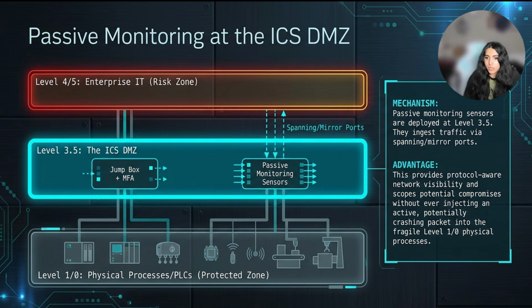It's important that in our industrial control system demilitarized zone, we have passive monitoring sensors and also a jump box with MFA set up on it. So we want to make sure that visibility is safe. If attackers cannot see it or cannot reach it, they cannot attack it. And this provides network visibility without injecting active packets into fragile physical processes.